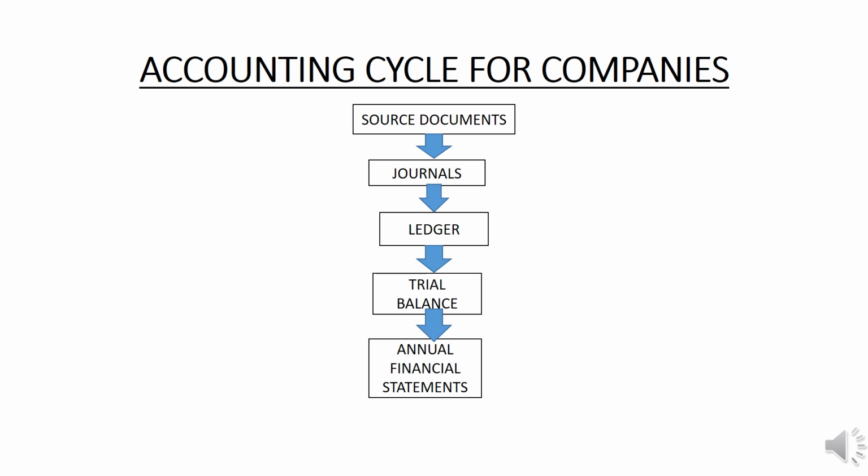Then a duplicate or a copy of that receipt is retained by us so that we are able to record the transaction, to acknowledge that we have received a payment.